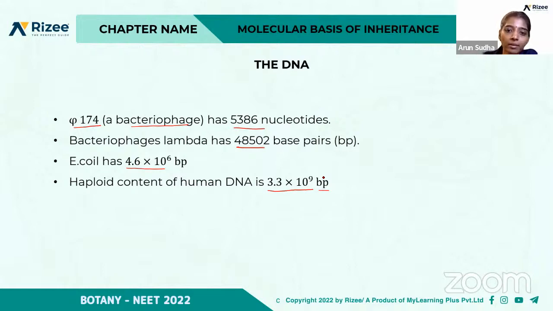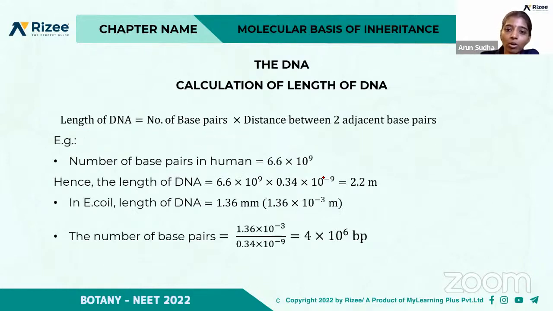So how will you calculate the length of the DNA? Length of the DNA is equal to the number of base pairs into the distance between two adjacent base pairs. For example, in human, the number of base pairs present is about 6.6 into 10 power 9. This is the diploid number, right?